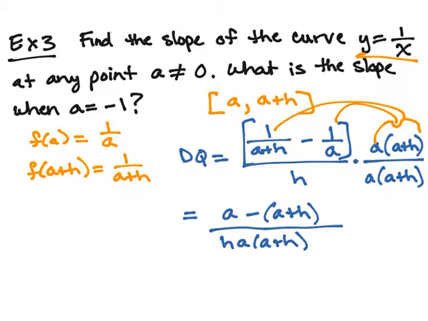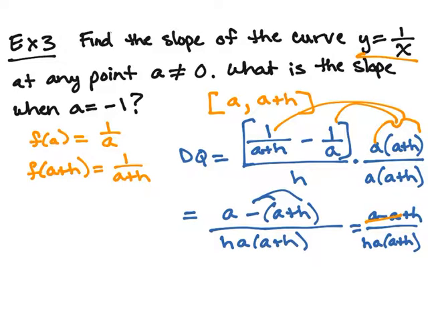Okay, so if I distribute this negative here, my numerator is A minus A plus h over h times A plus h. And A minus A goes to 0. Do you see now I've got h over h?